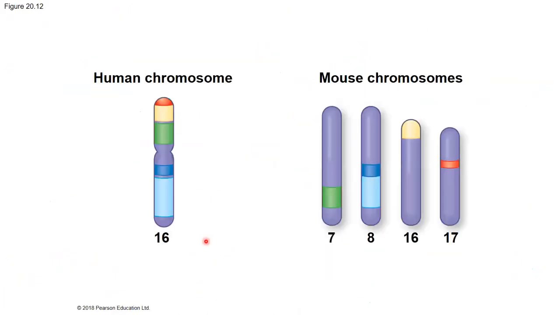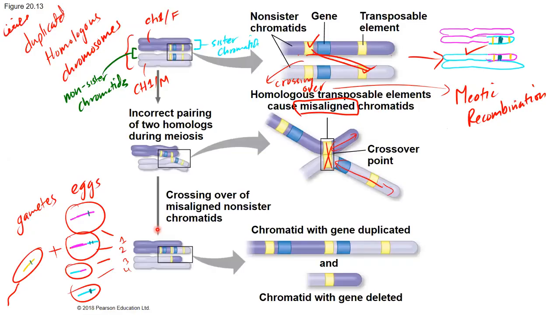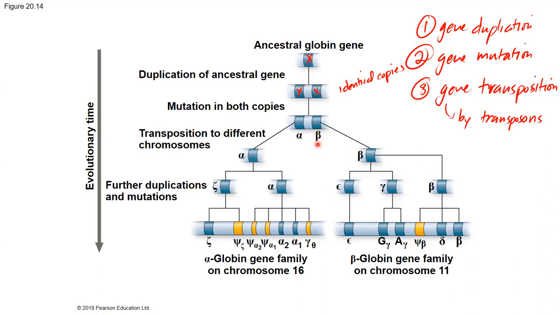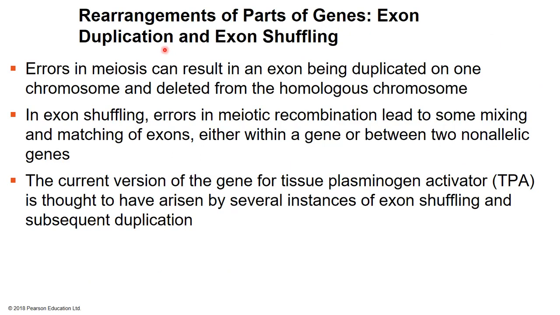Then we discussed duplication, inversion, translocation of parts of the chromosomes. Then we discussed duplications and deletions of genes. And here also duplication of genes and translocation of genes and change in gene sequences by mutations. And now we're gonna see how exons of genes could also be duplicated and shuffled to generate new genes.